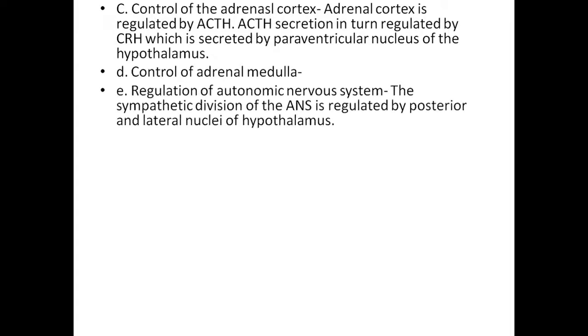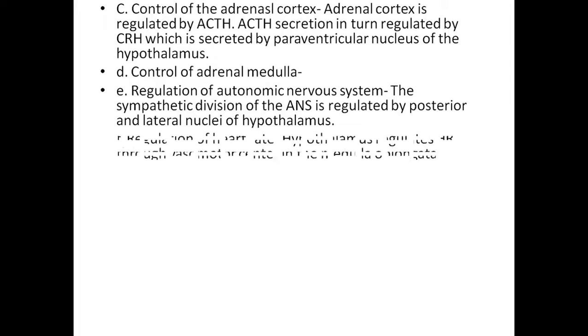Control of adrenal cortex. The adrenal cortex is regulated by ACTH, and ACTH secretion is in turn regulated by the CRH, which is secreted by the paraventricular nucleus of the hypothalamus. Control of adrenal medulla. Regulation of autonomic nervous system. The sympathetic division of the autonomic nervous system is regulated by the posterior and lateral nuclei of the hypothalamus.